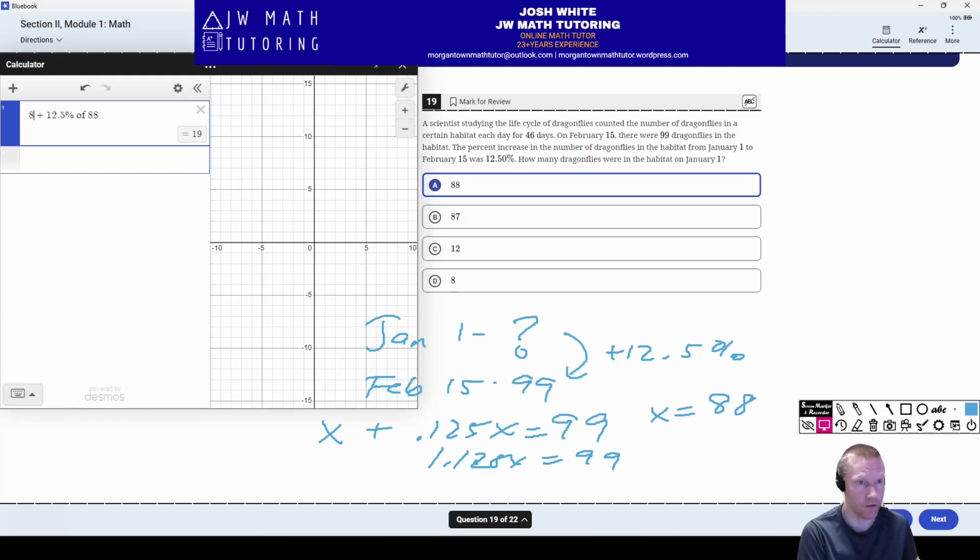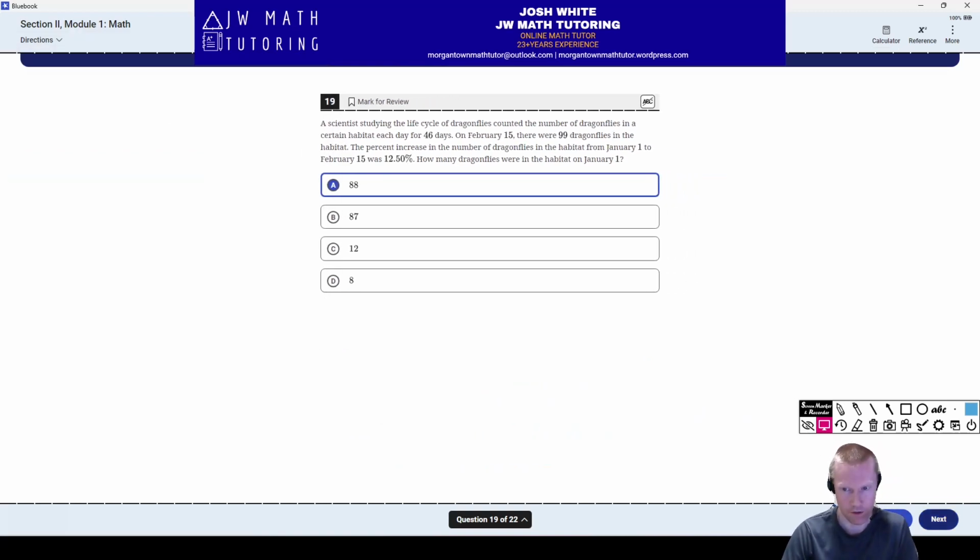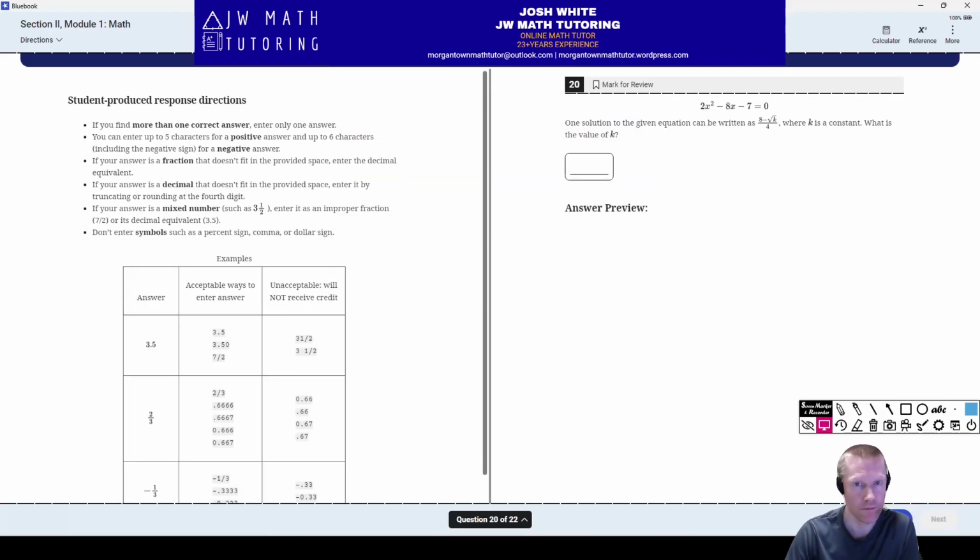That's why it's the correct answer. If you wanted to change it, you could change the 88s to 87s, and you could see it's not 99. That's obviously wrong. And 12 and 8 are going to be way too small to get 99 by the time you add the 12.5% increase. So that's how you could do the entire thing just in Desmos in 10 or 15 seconds. But again, the correct answer is A.